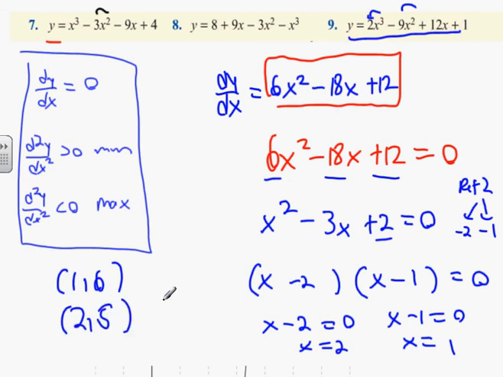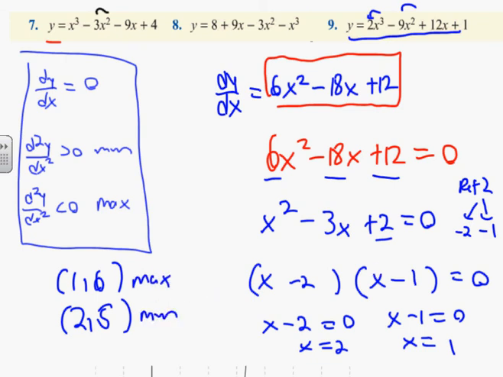Now, before we begin, which one do you think is the minimum? Just taking a guess here. Take a wild guess. Which one's higher up? No. It's the second value that gives it its height. 6 is bigger than 5, so you're pretty much thinking this one's the max, and that one's the min.